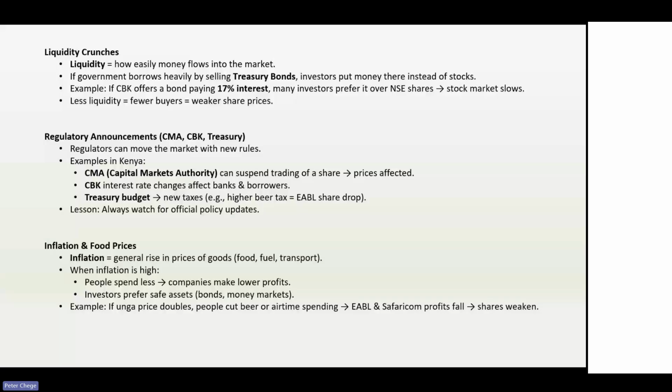CMA to oversee the market. Then we have CDSC to manage your CDSC account and shares. Then you have NSE for trading. Then we have the broker, which acts as a link between you and the other investor.